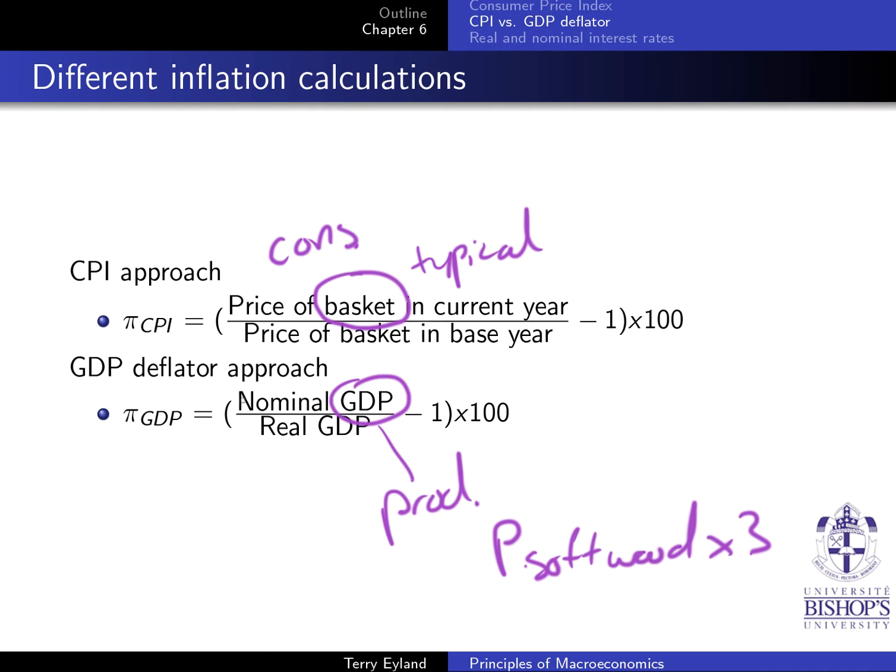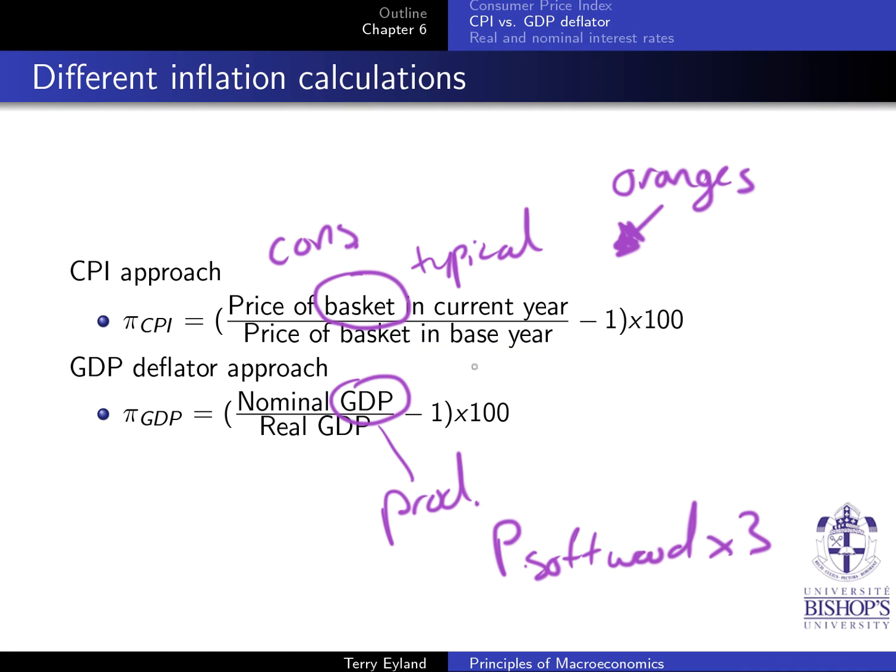But in the CPI approach, I'm not sure softwood lumber is in there, nor would copper or any other raw materials be included either. However, if we think about oranges or bananas or anything that's imported, this can still be part of CPI because a typical consumer does not just buy Canadian products, but it's not part of the GDP deflator approach.